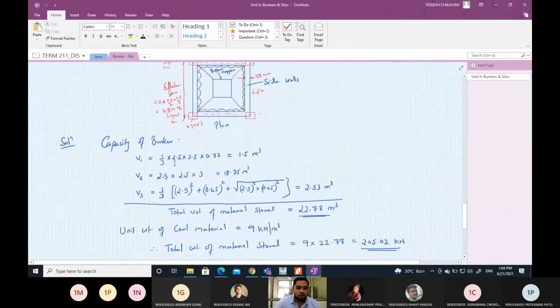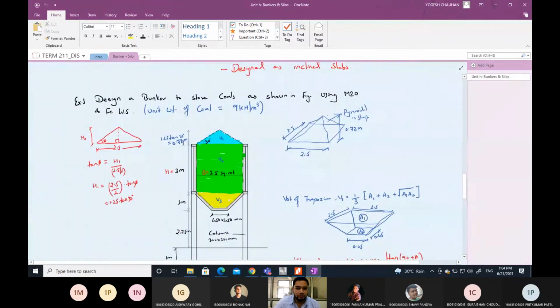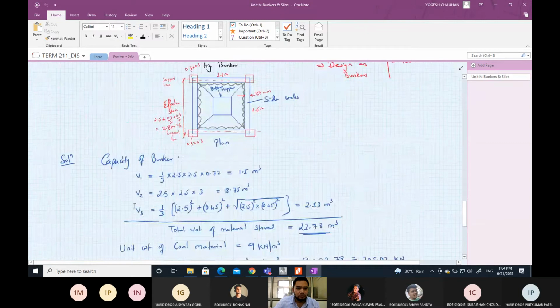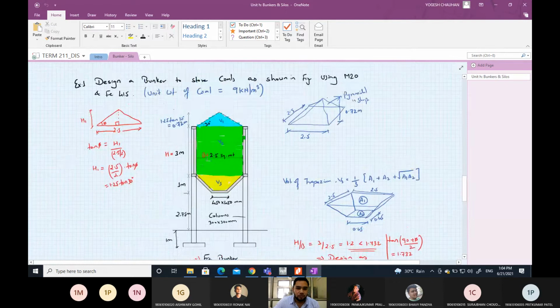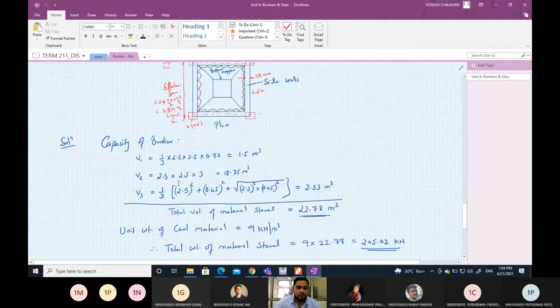So that was 1 by 3, 2.5 by 2.5 by 0.72. 0.72 is the height of the surcharge that comes from the inclination. Then V2 is the volume occupied in the side walls. So that was 2.5 by 2.5 by 3 meter height. And the volume V3 is the volume occupied within the bottom hopper.